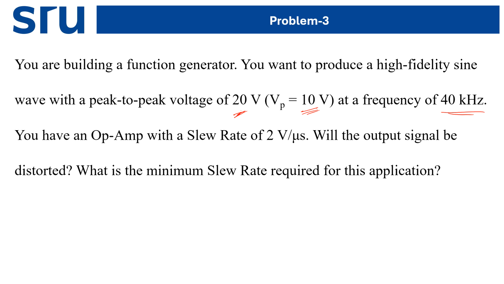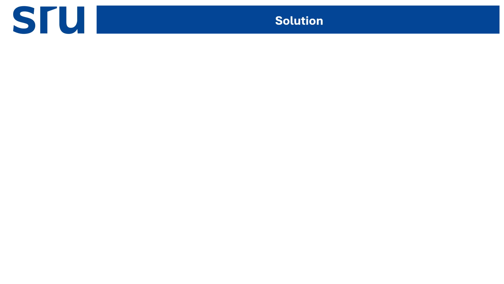Okay, so as we know, the slew rate formula is equal to 2πf Vp, where f is the frequency and Vp is the peak value.